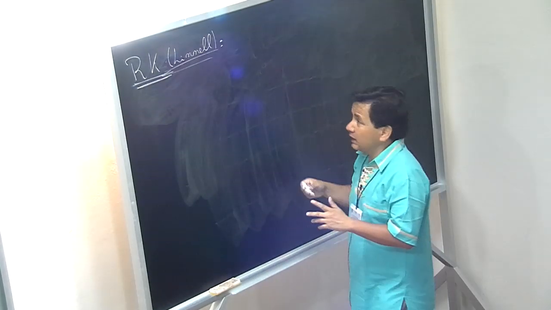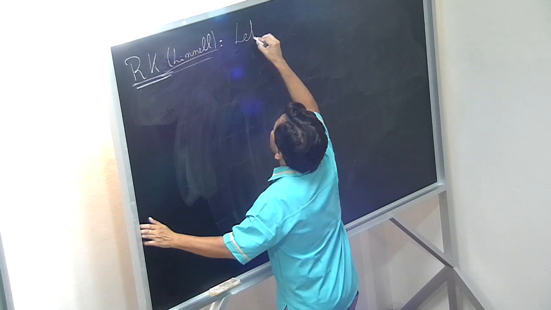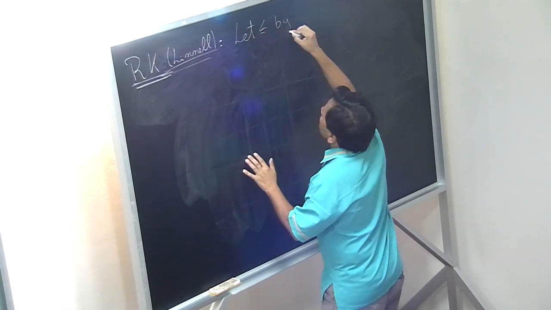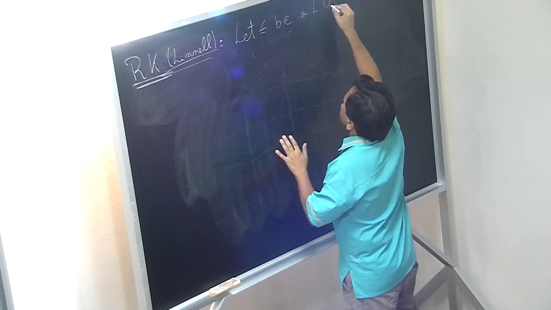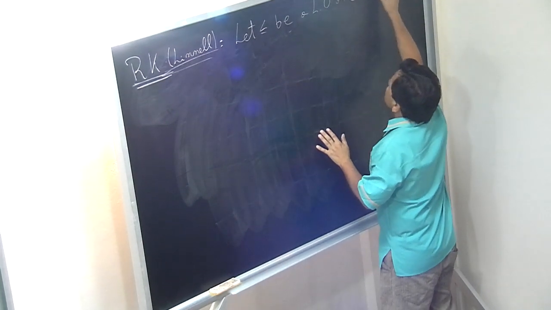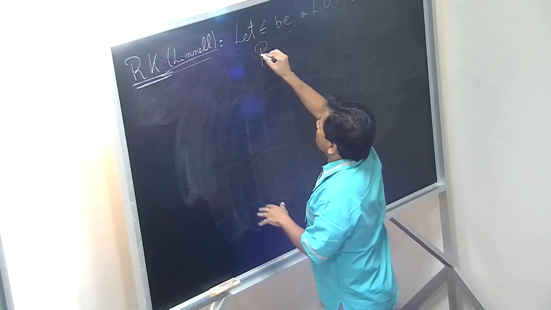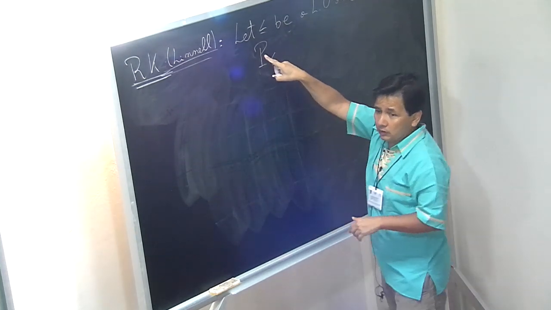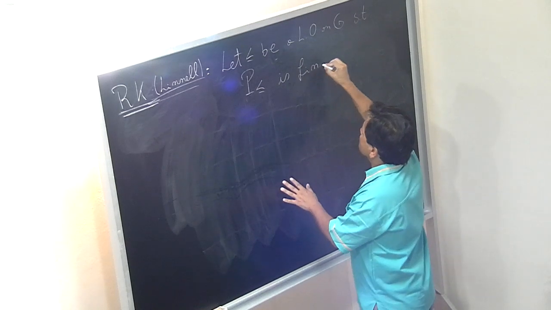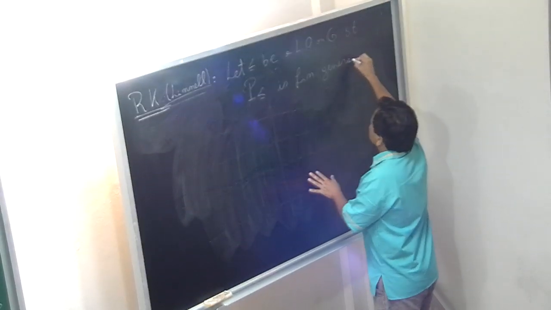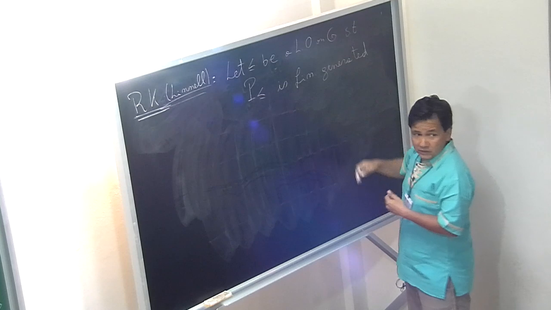So let us assume that we have a left order on a group such that the positive cone of the left order, I will denote this way, so this is the positive cone associated to these left orders, is finitely generated. Finitely generated as a semigroup.